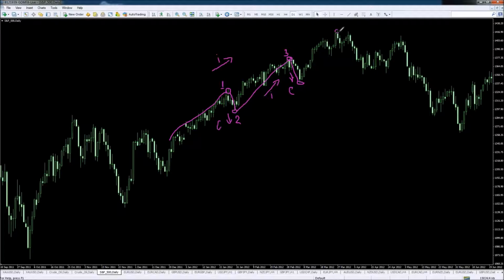We have a wave number 5 here, which is once again the impulsive wave to the upside. And this is the 5 to 3.